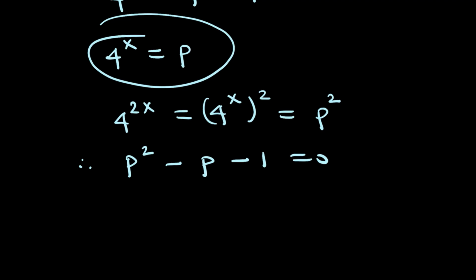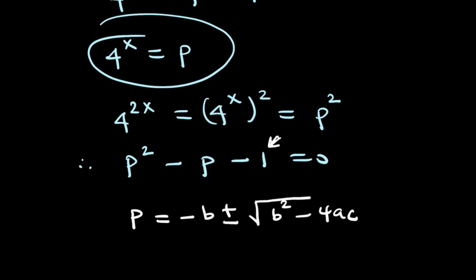We are going to apply the quadratic formula to solve for p. The quadratic formula is given by p is equal to, given that the coefficients of p squared and p are a and b respectively, and the 1 here stands for the letter c, then I'm going to say minus b plus or minus the square root of b squared minus 4ac, then all divided by 2a.